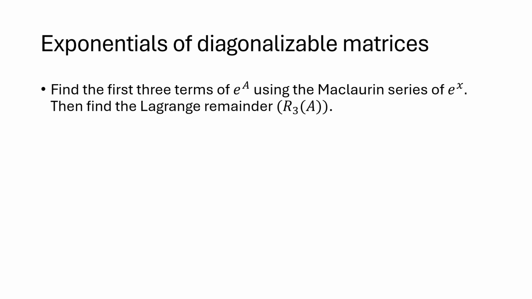To show you how we can do that, I want to show you a problem right here, which states: find the first three terms of e to the power of A using the Maclaurin series of e to the power of x. And after we find that approximation, what we need to do is find the Lagrange remainder of A. Now, how would we do this?